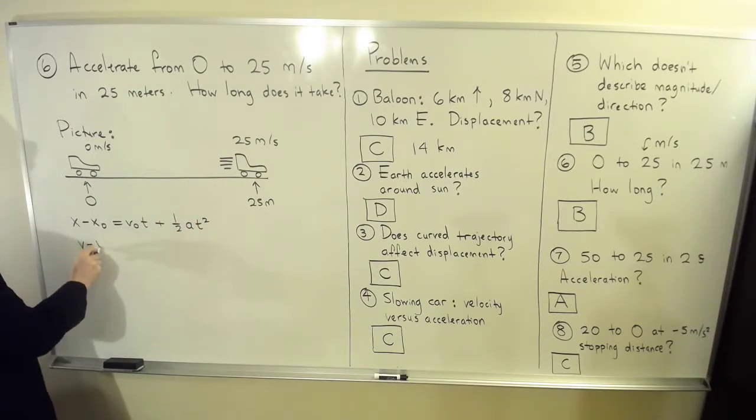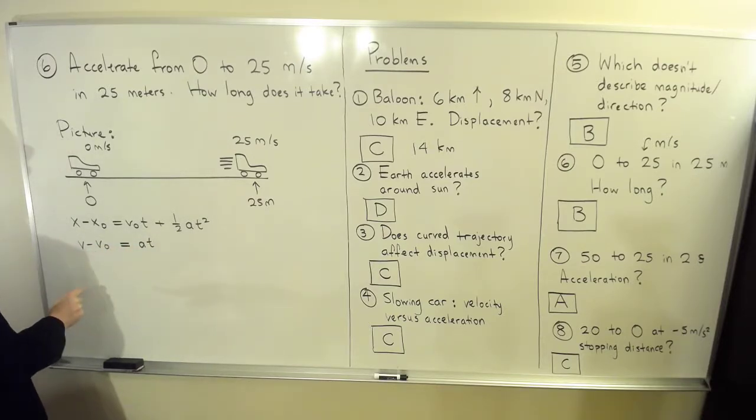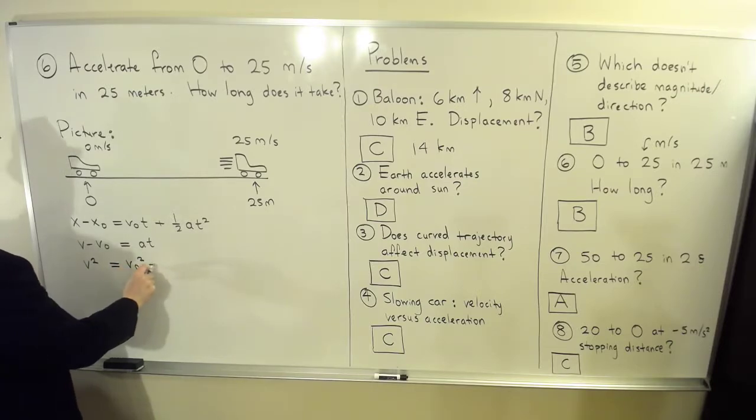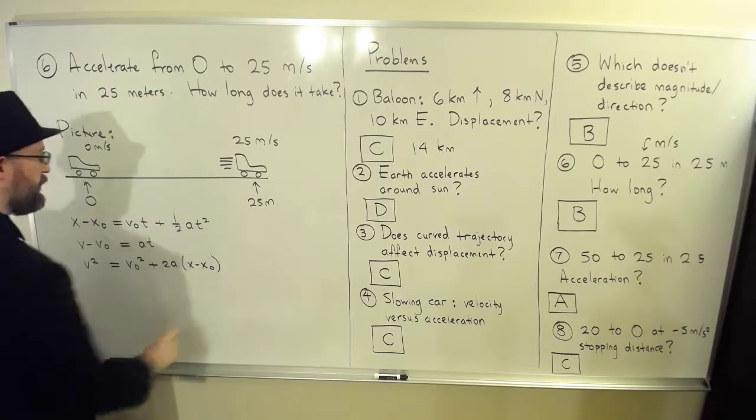And then v minus v0 equals a t. Maybe I wrote the v0 over here last time, I don't remember. And then v squared equals v0 squared plus 2a times x minus x0.